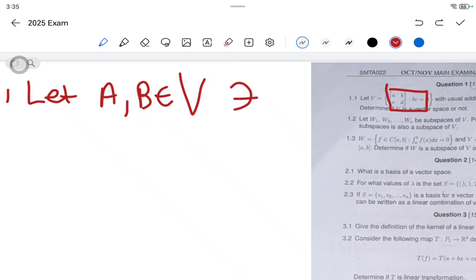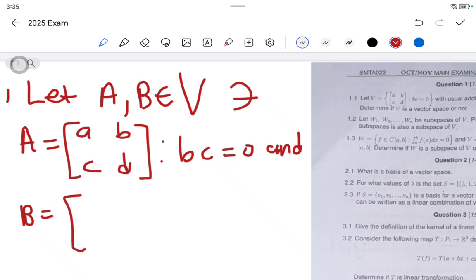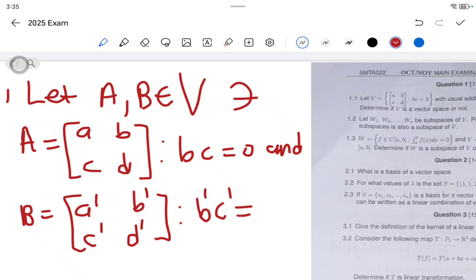So you're going to say such that A is equal to [A, B, C, D]. You must copy everything. Don't leave anything else out, right? Everything should be satisfied, such that BC is equal to 0, and B is equal to [A prime, B prime, C prime, D prime], such that B prime and C prime is equal to 0.